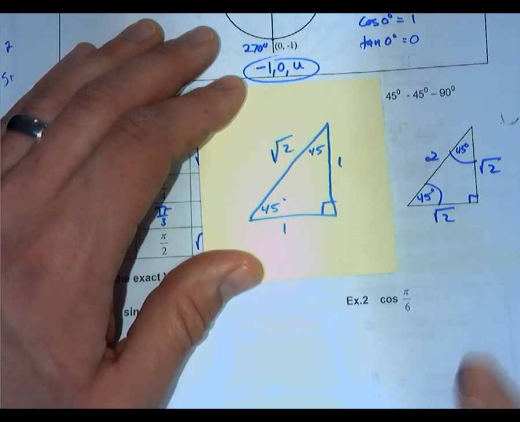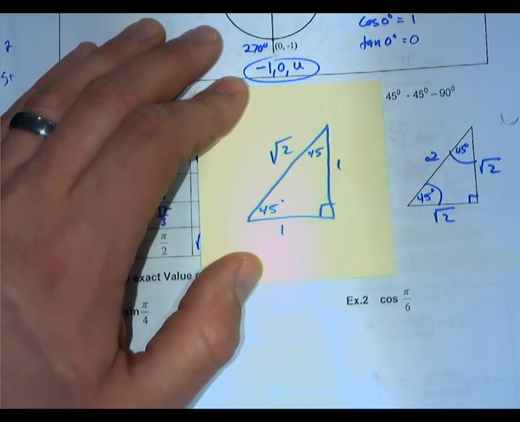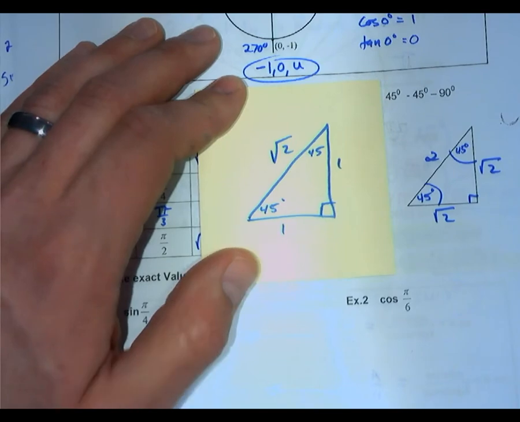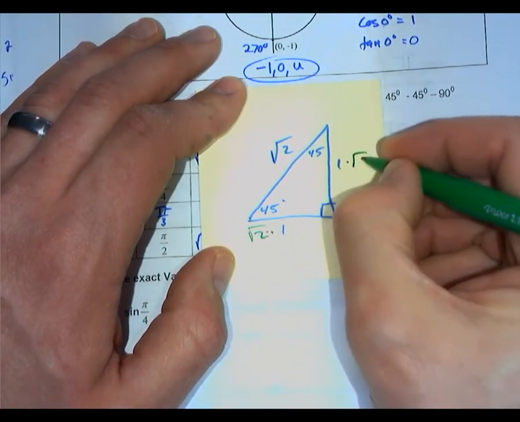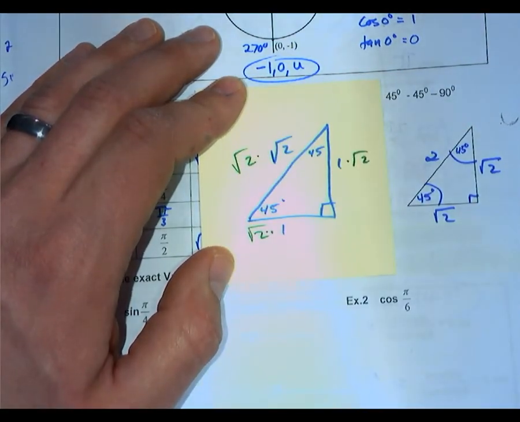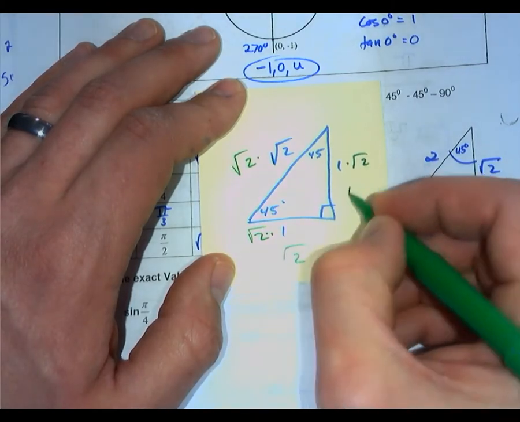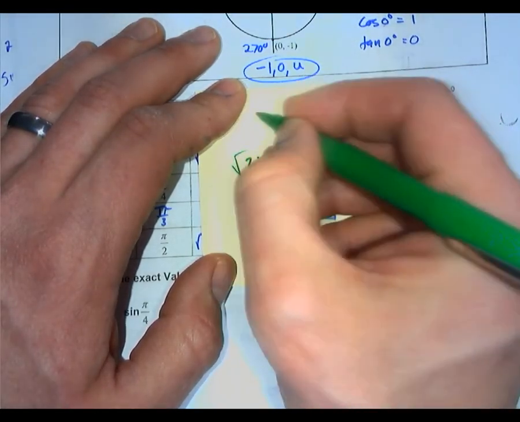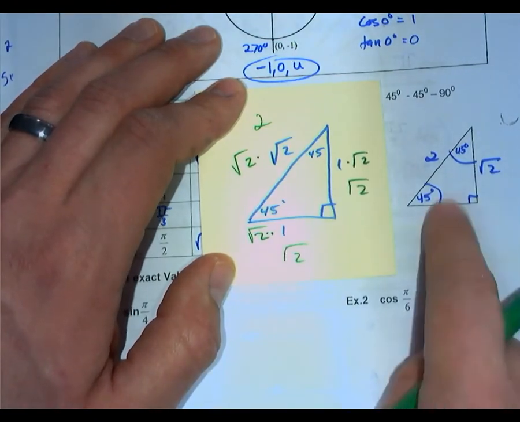What I'll do is, because we see sine and cosine so often, where we have to do opposite over hypotenuse, that requires a lot of rationalizing. So I'll multiply this guy and this guy by root 2, so I don't have to rationalize all the time. So root 2 times 1 is root 2, and root 2 times root 2 is just 2. So I'll rationalize that triangle, and that way it's taken care of.